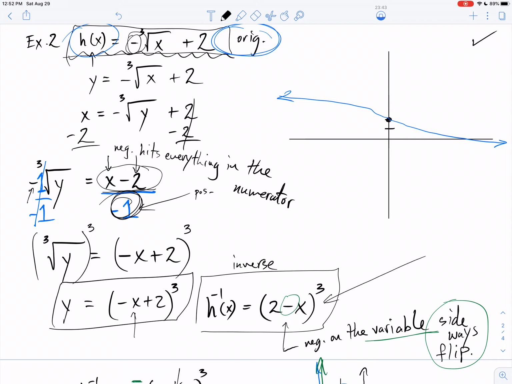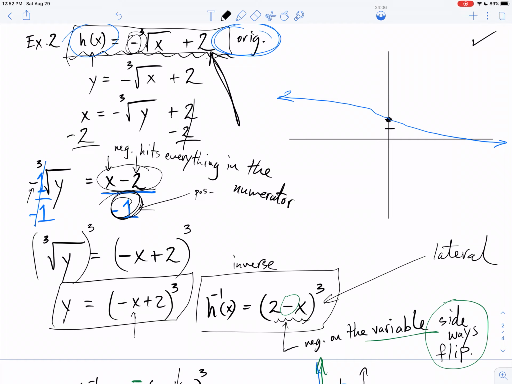So here's the thing. I tried to warn you about this a while ago. If it's inside parentheses, it's always lateral motion. See how this guy up here is not inside parentheses, so he's up or down.